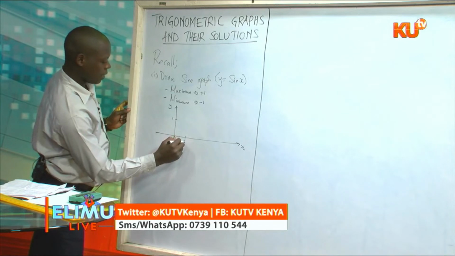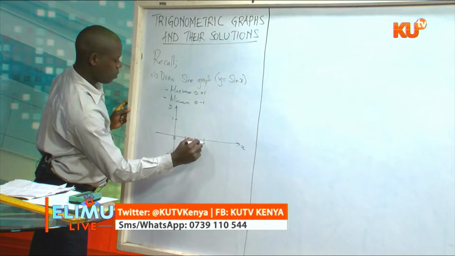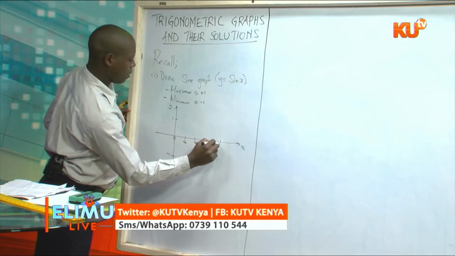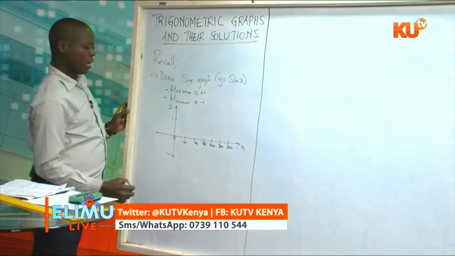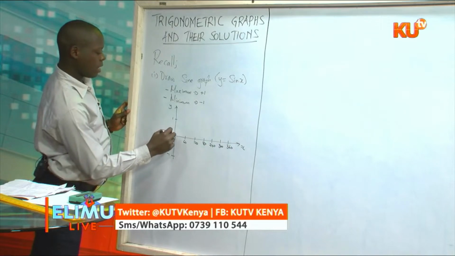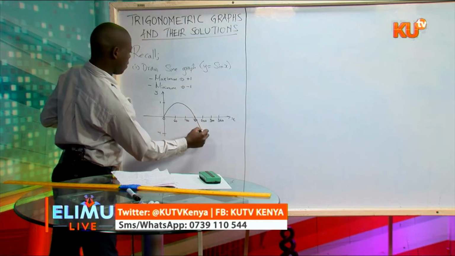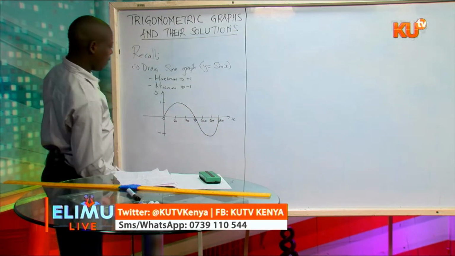So we can have this as 60, 120, 180, 240, 300, and 360. And those are degrees. You realize that the curve will run this way. That is how the sine graph will run.